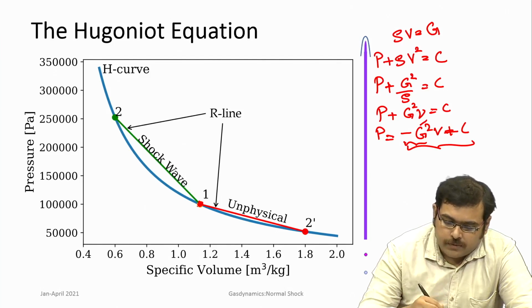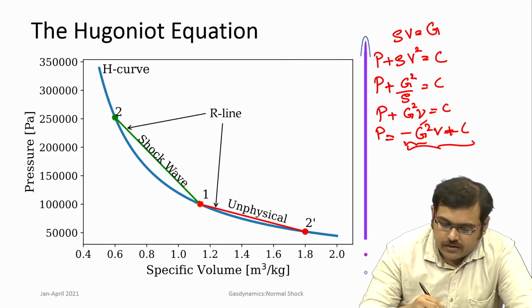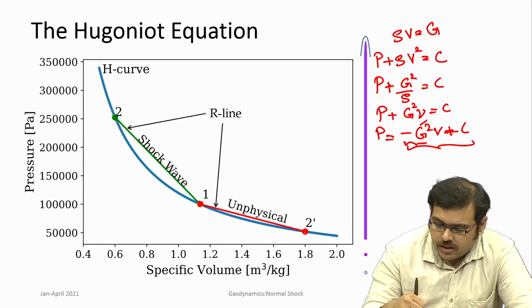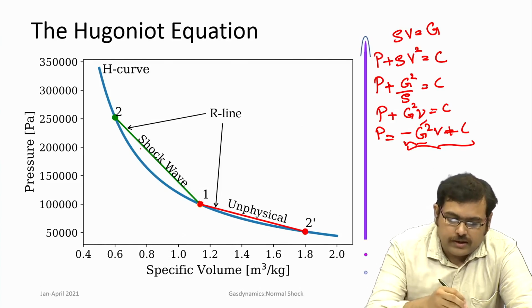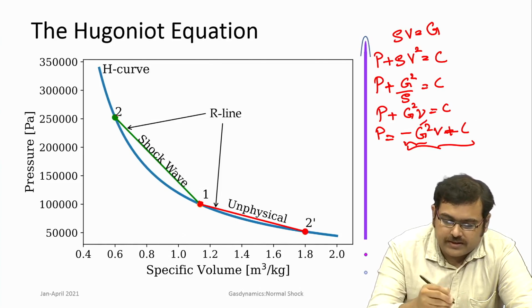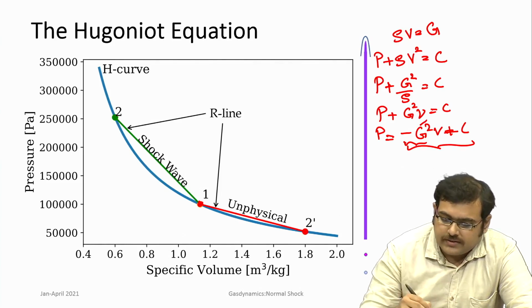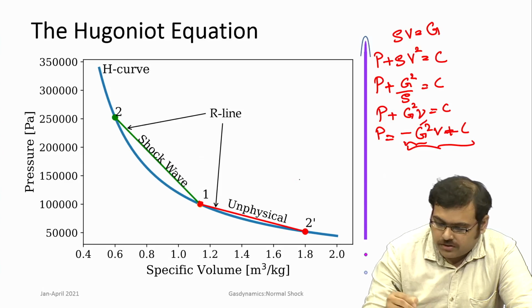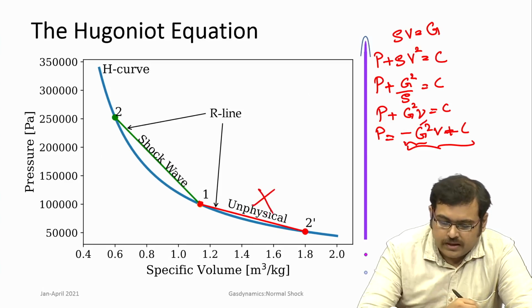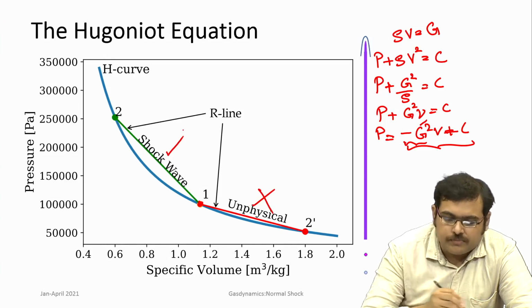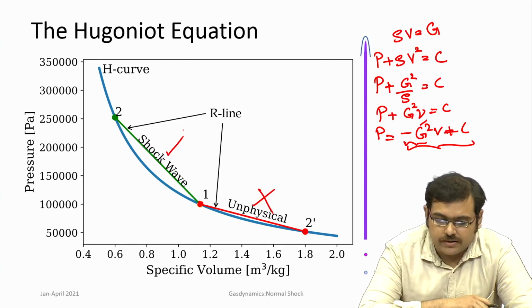So from 1 we can draw Rayleigh lines going either way, with a decrease in pressure and increase in specific volume, or an increase in pressure and decrease in specific volume. The former is the case of an expansion shock. It is unphysical, so this is not possible, while only the shock wave, which is a compression shock, is possible.